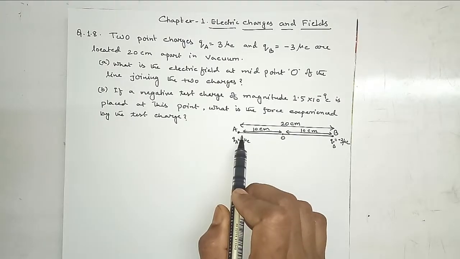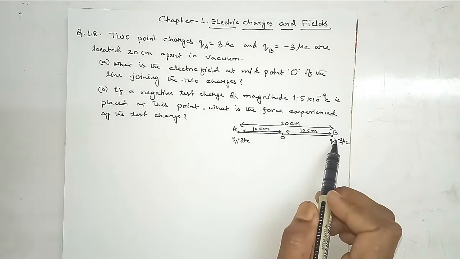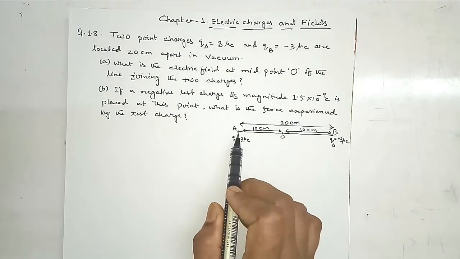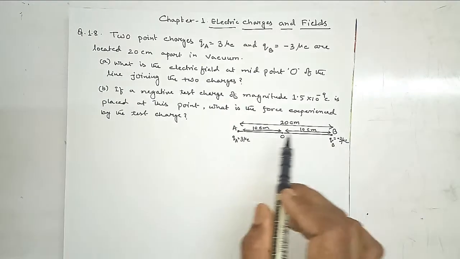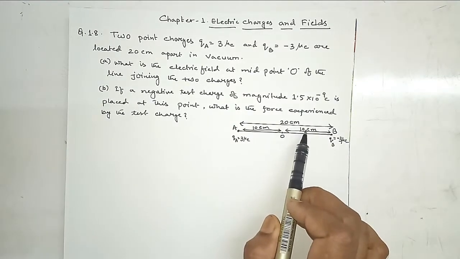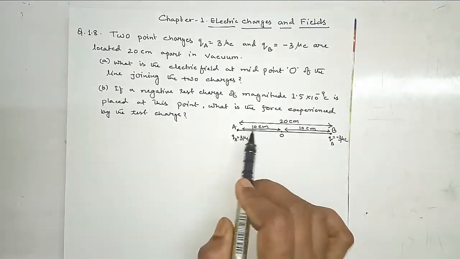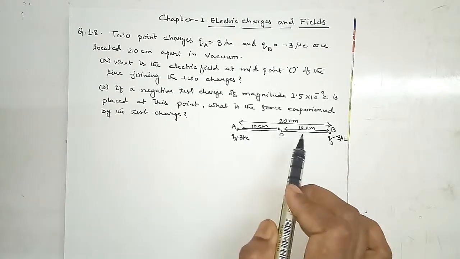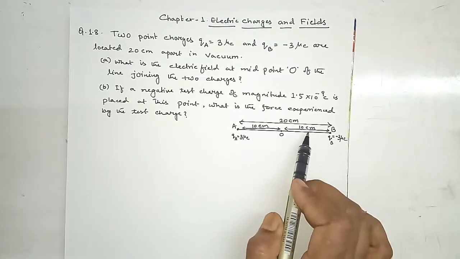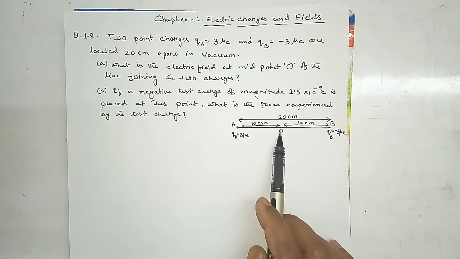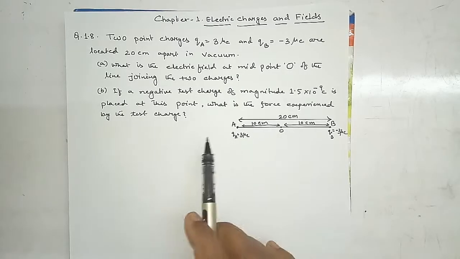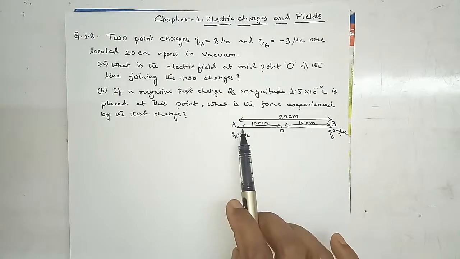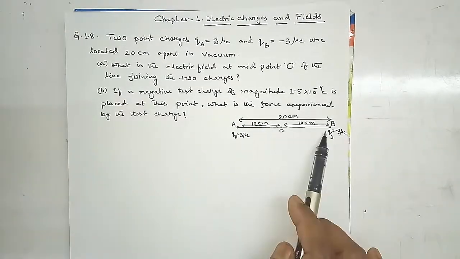So here two charges, that is QA and QB, and the distance between the two charges is 20 centimeter, and the distance between A, O and O to B is 10 centimeter. So here we have to find the electric field at midpoint O of the line joining the two charges.